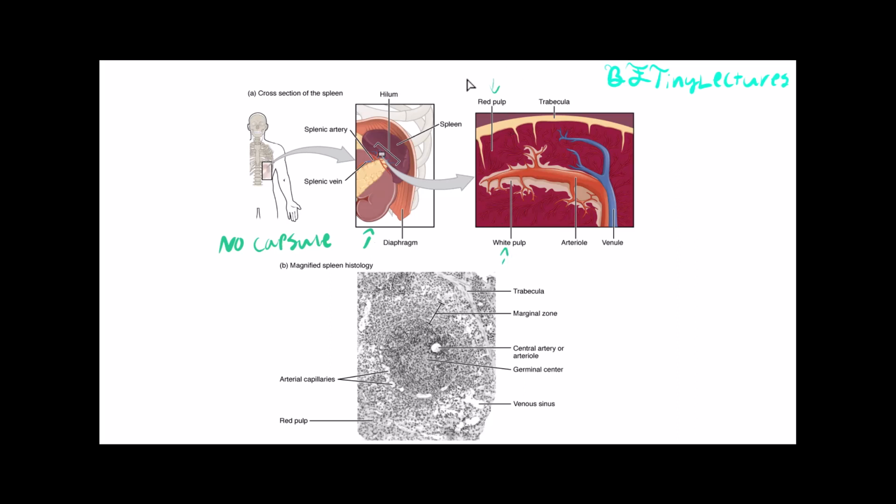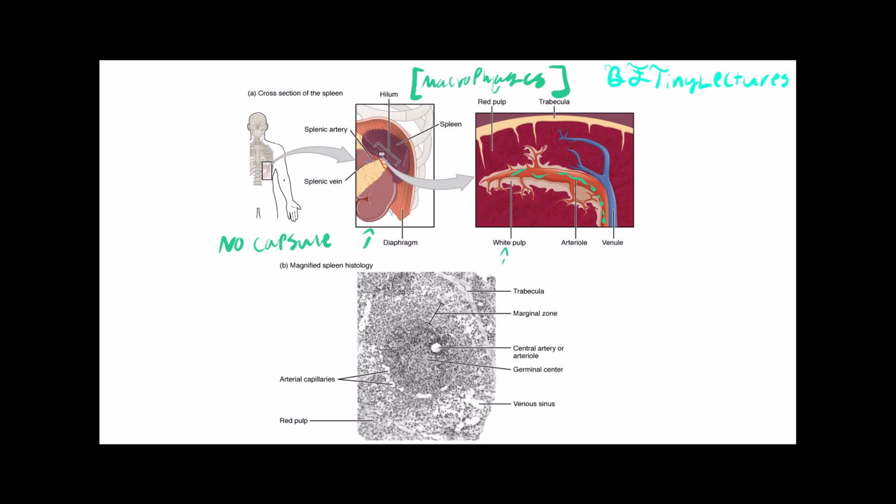The red pulp has a high concentration of macrophages. And that filters the blood. So for instance, our red blood cells, sometimes they get old and they have to be recycled. So if we see any old red blood cells right here, they get eaten by the macrophages, and then they are recycled by the body to make new red blood cells.